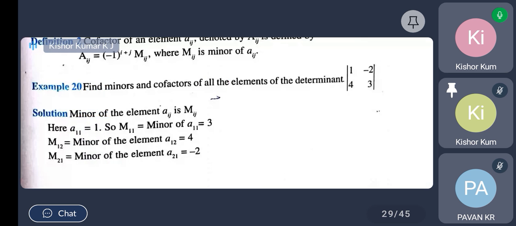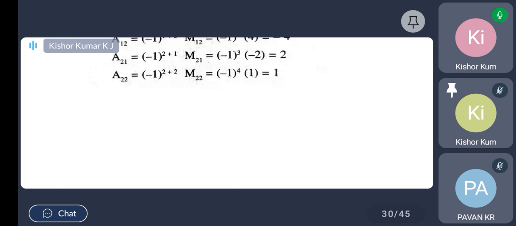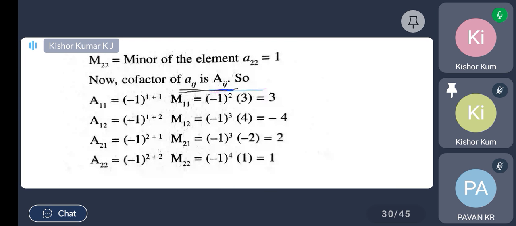As we know the formula, I can consider the cofactor of Aij, the capital Aij, representing one by one. What is the first element we have? Here i is equal to 1 and j is equal to 1. These values you have to consider according to the numbers. What are the elements you have? 2 by 2, no? 2 by 2 means there will be 4 elements. Those elements can be represented as A11, A12, A21, A22.